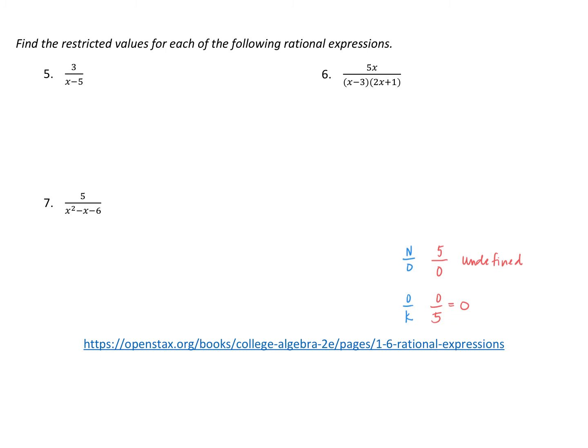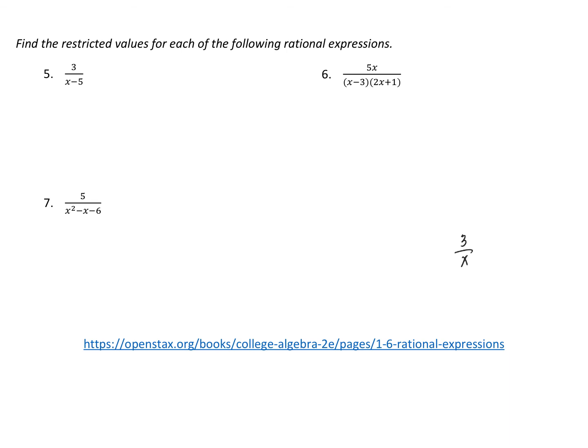When it has a variable in the denominator, you want to make sure that you keep in mind that when you start solving these equations, there are certain values for x that can't happen. The simplest version of that would be if I had something like 3 over x.